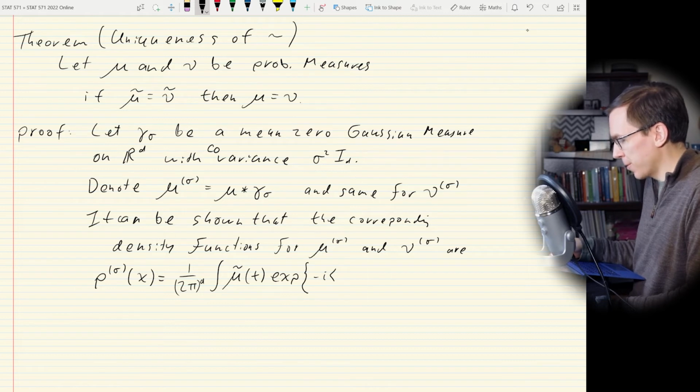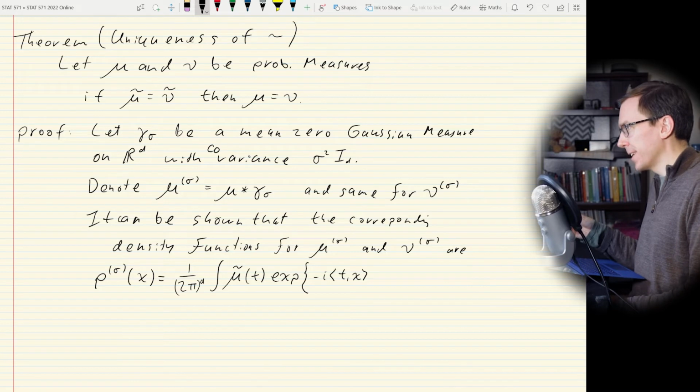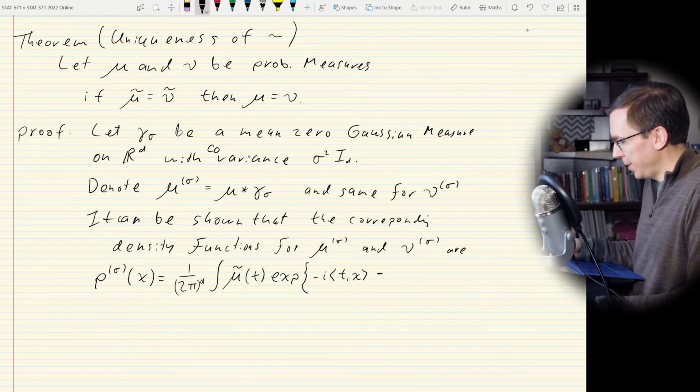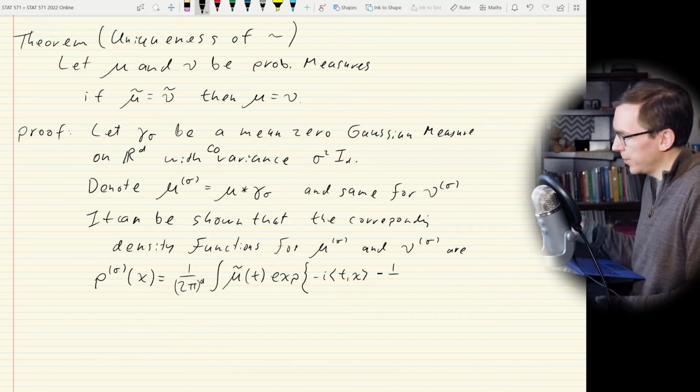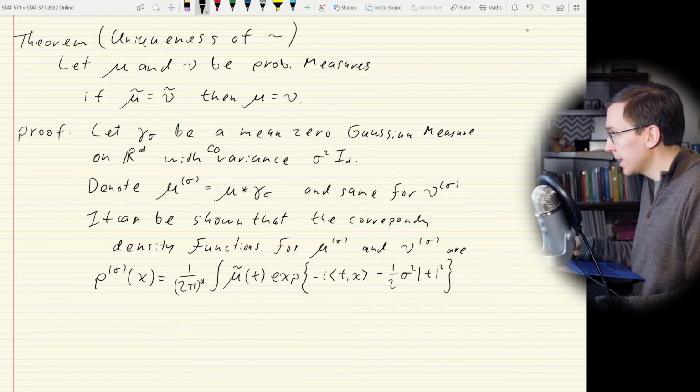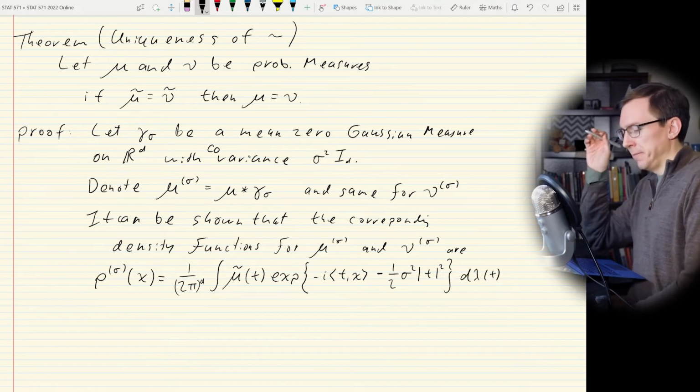This is the inverse Fourier transform. But we're also going to get the Gaussian bit, which is e to the minus sigma squared, Euclidean norm t squared over 2, and this is d lambda t.